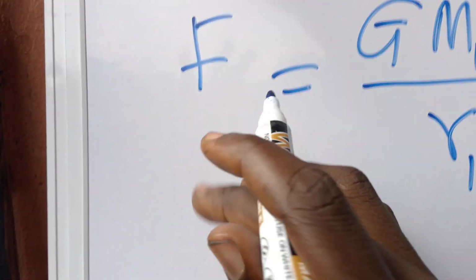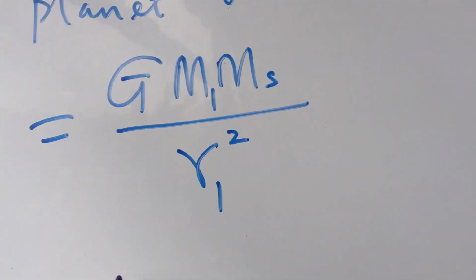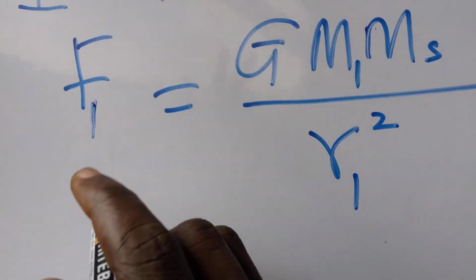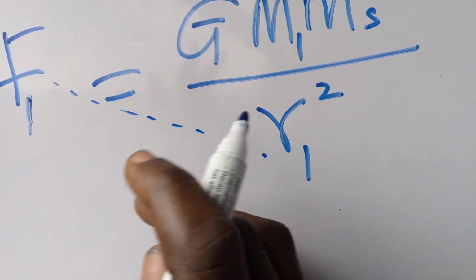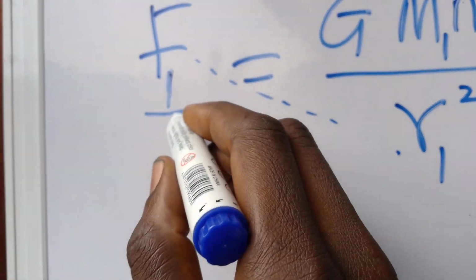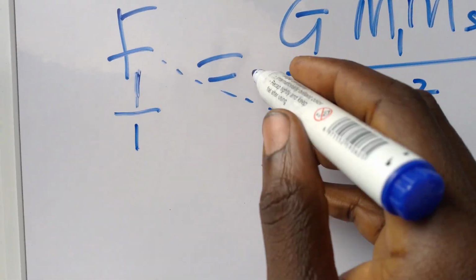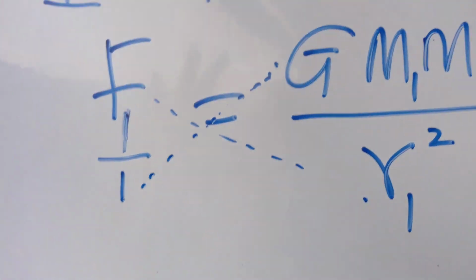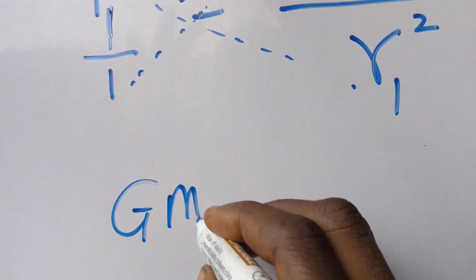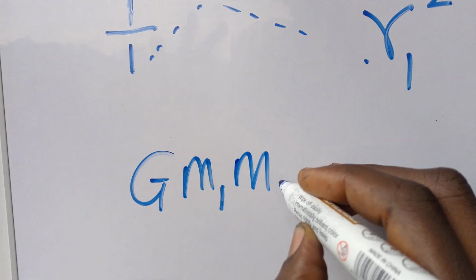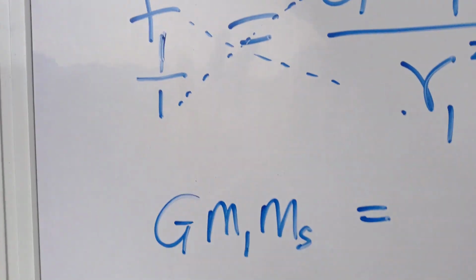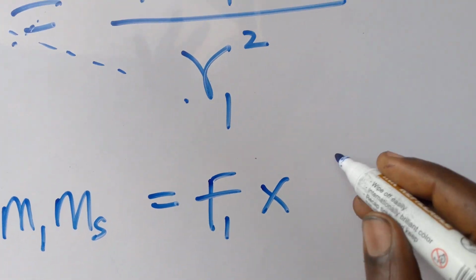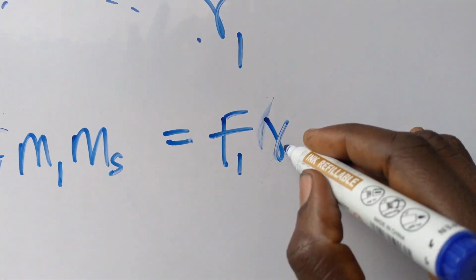If I cross multiply, I'll have F1 multiplying r1 square. By cross multiplication, we have this, and this will come down because it has a denominator of 1. So I'll have G m1 ms multiplied by 1, which is equivalent to the force F1 multiplied by r1 square, F1 r1 square.